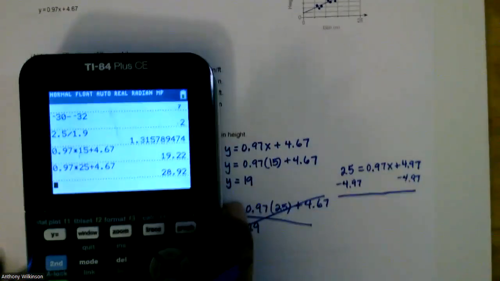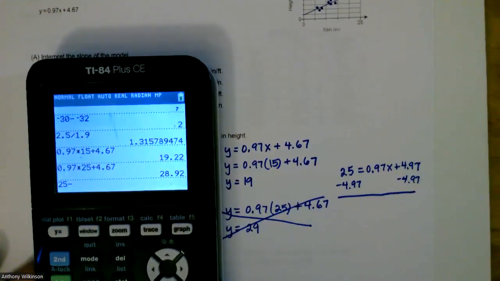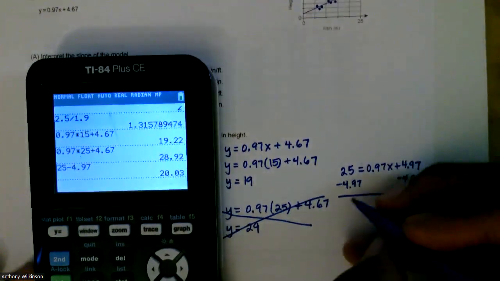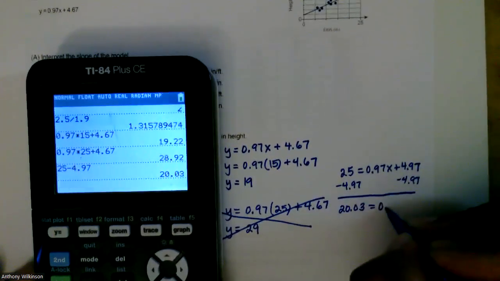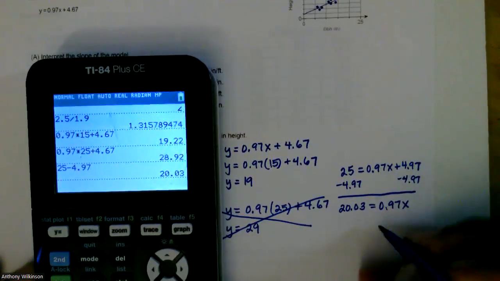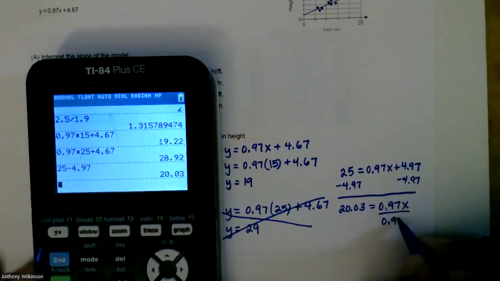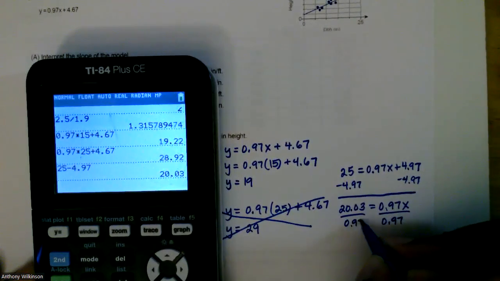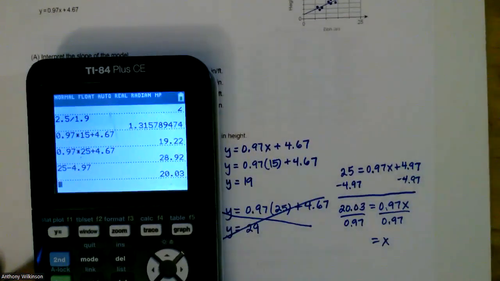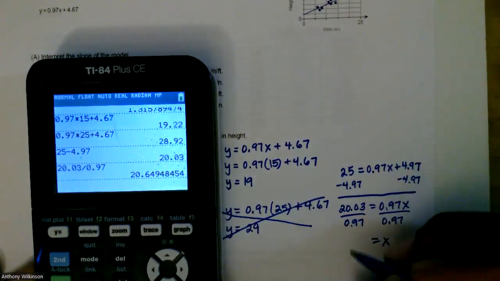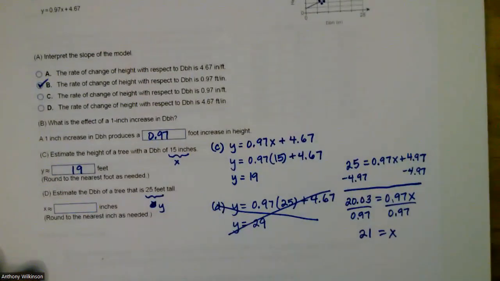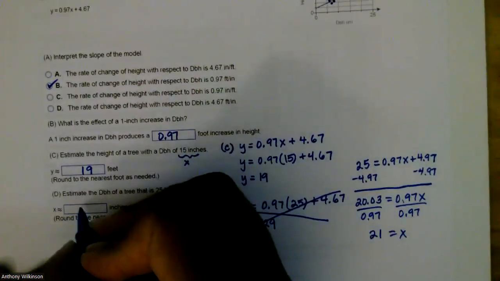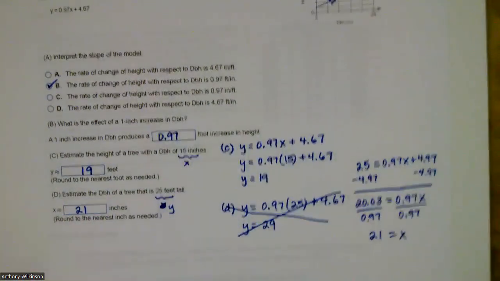So that means, let's see, 25 minus 4.67 gives me 20.33. That's equal to 0.97x. And then we divide both sides by 0.97. So that means x is equal to 20.6, approximately 21 to the nearest whole number. So the DBH of the tree is 21.